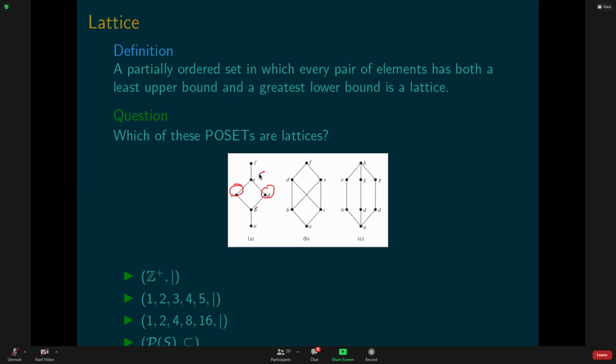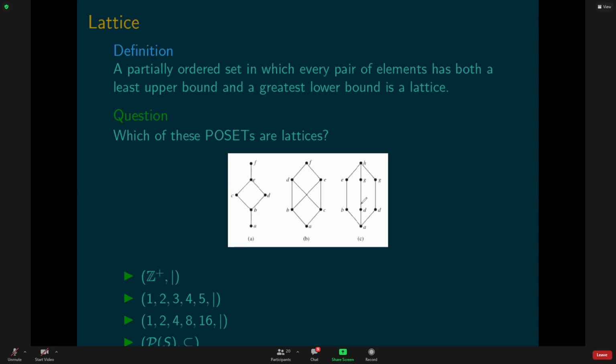Their least upper bound is E and their greatest lower bound is B, right? Now, if we take, let's say C and B, then their greatest lower bound is B and the least upper bound is C. Every pair has this property.